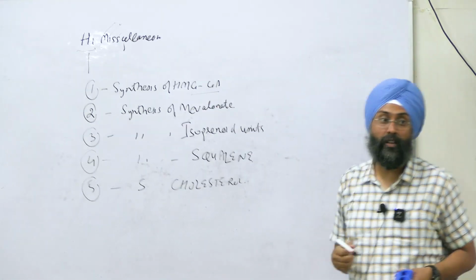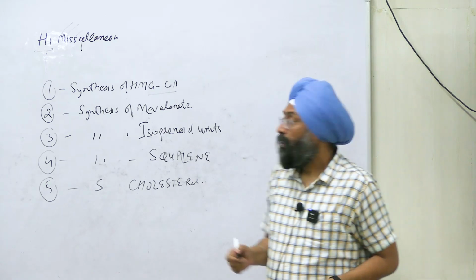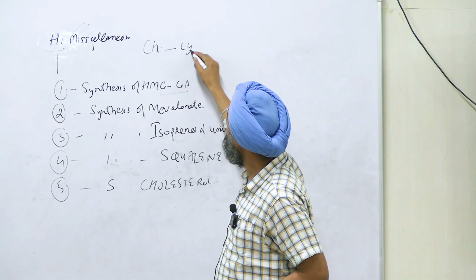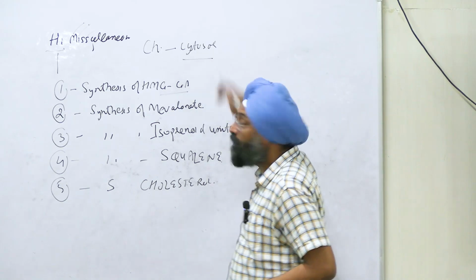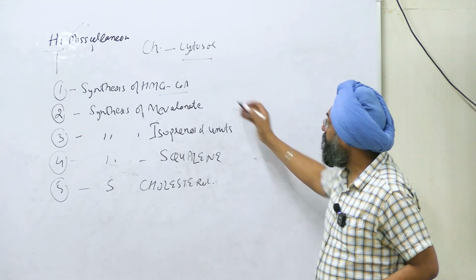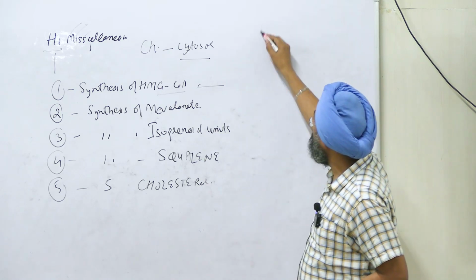How was HMG CoA synthesized? C for cholesterol synthesis and C for cytosol. It happens in the cytosol. The first step is synthesis of HMG CoA, and the raw materials are 3.